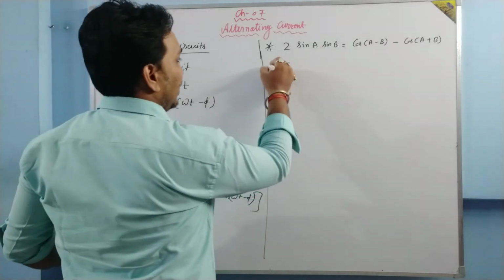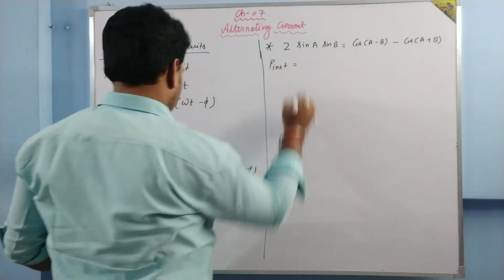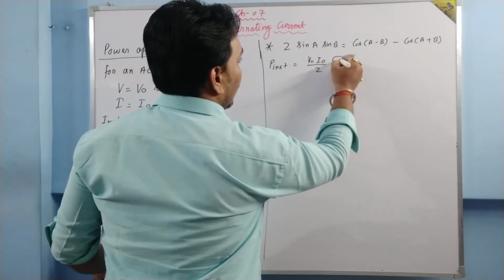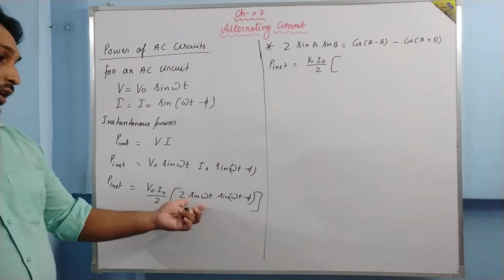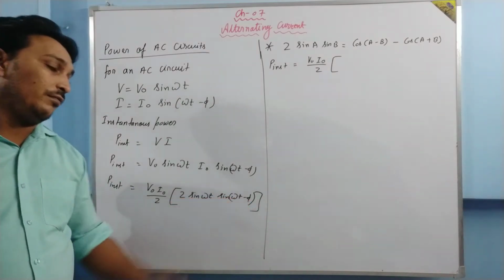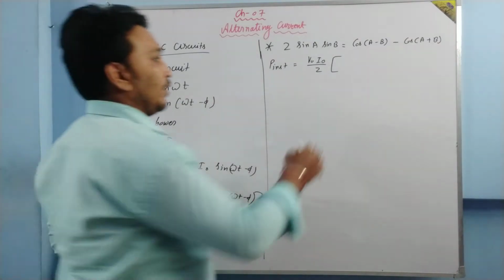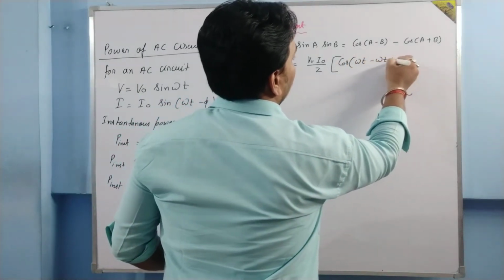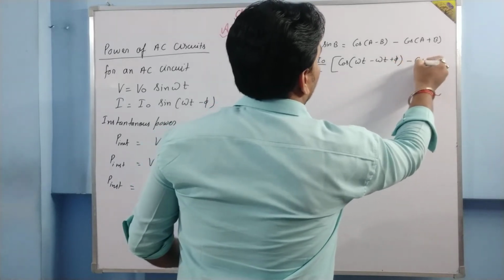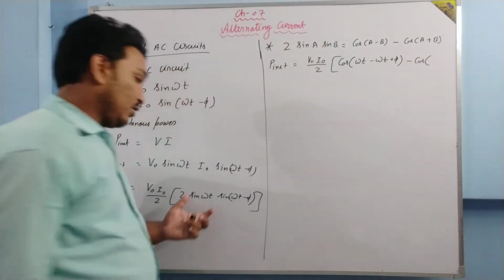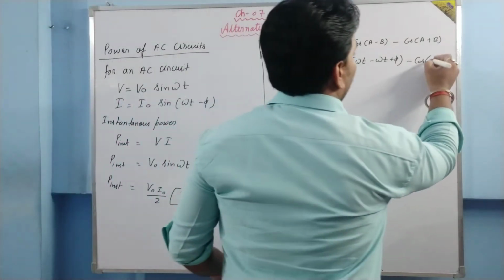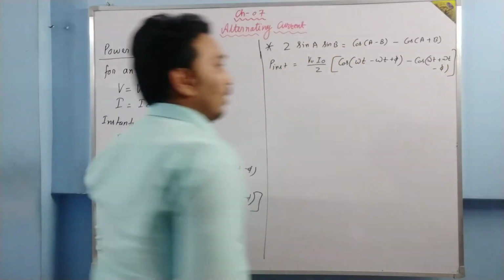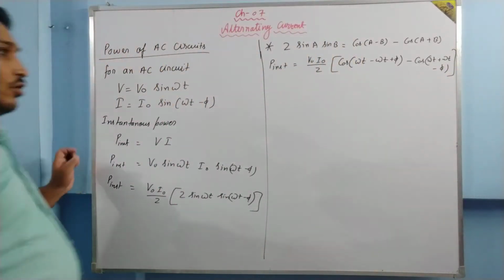So P instantaneous is equal to V naught I naught upon 2 times 2 sine A sine B, where the value of A is omega t and the value of B is omega t minus phi. We write cos of omega t minus omega t plus phi, minus cos of omega t plus omega t minus phi. Now let us solve it.